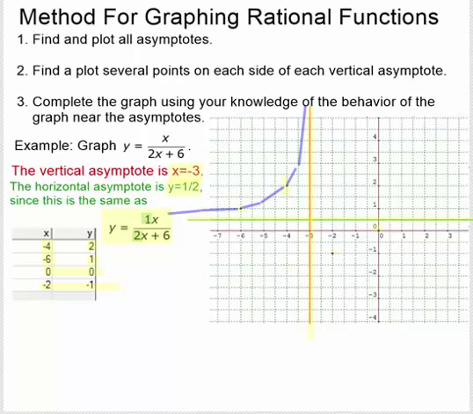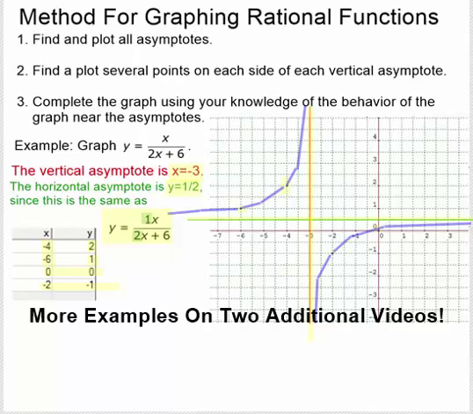On the right side of x equals negative 3, we just have these 2 points. And if I connect them up, we see that the graph is trending up and it's leveling out to that horizontal line y equals 1/2. And on the right side of the vertical asymptote, it's heading down. Just these 4 points were enough to give me the graph, and that's very, very close to the actual graph, what I have plotted right here.